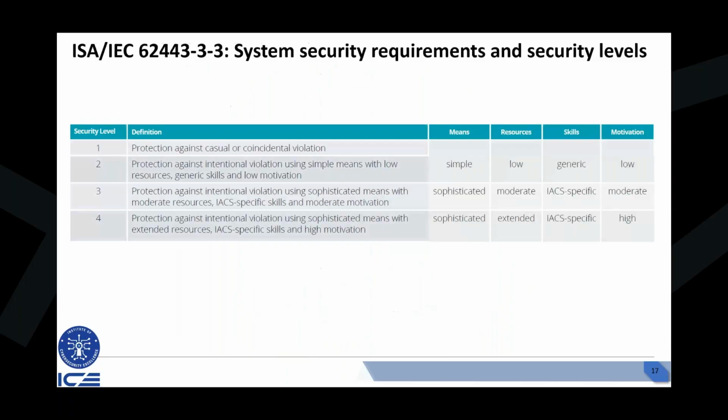All right. Something else that ISA, now let's look at the 62443-3-3 system security requirements, and I'm just giving you a glimpse of the different components of these standards. When you're implementing system security, there's always this challenge of how much security to implement.